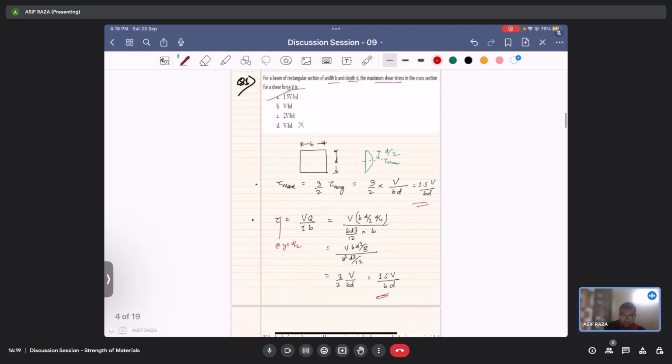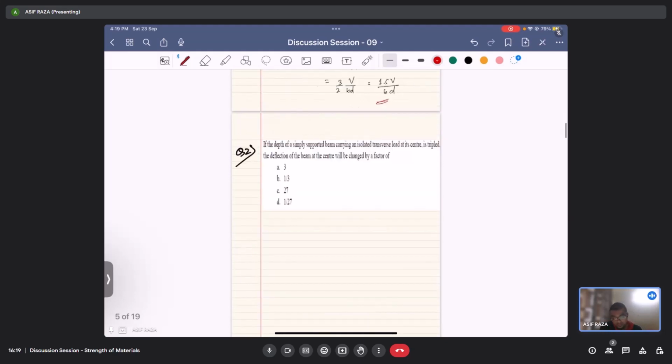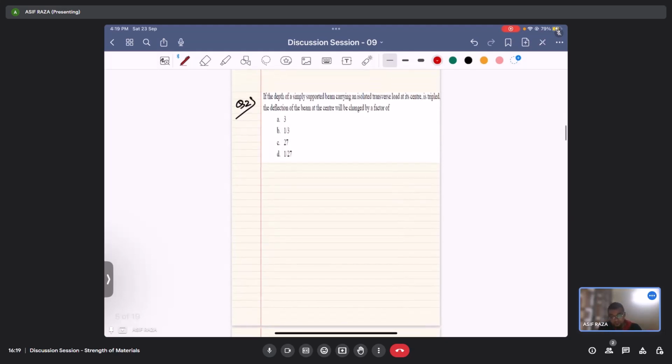Okay, now moving on to the next question. If the depth of a simply supported beam carrying an isolated transverse load at its center is tripled, the deflection of the beam at the center will be changed by a factor of.